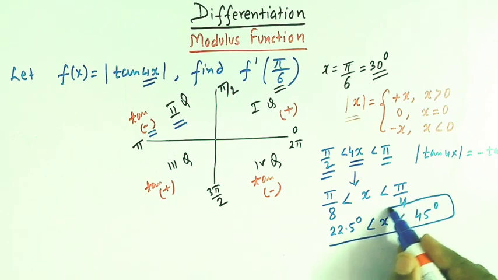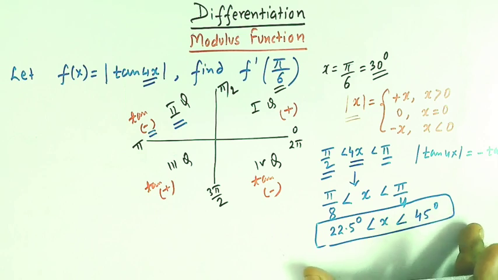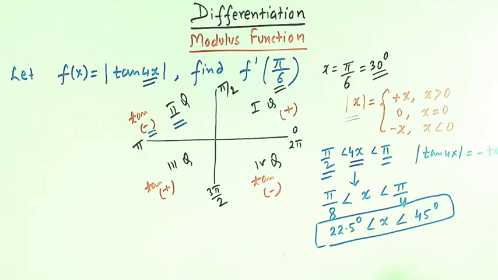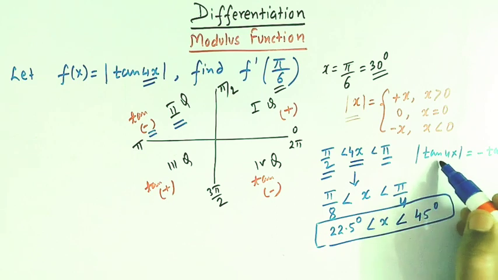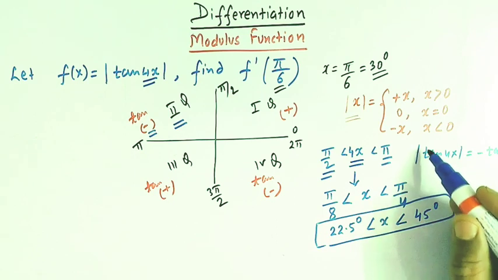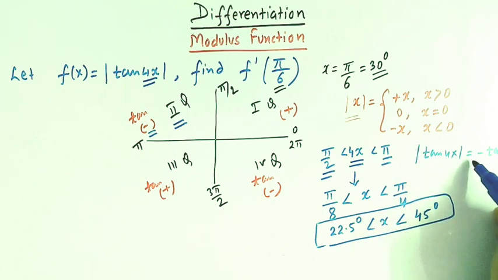So we have now arrived at a very important conclusion: when x lies between 22.5 degrees and 45 degrees, the mod of tangent of 4x is equal to negative of tangent of 4x.